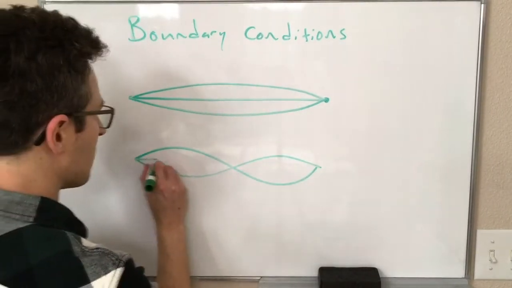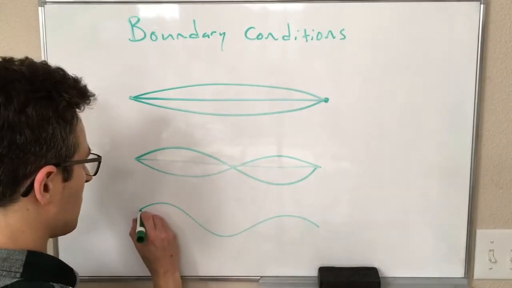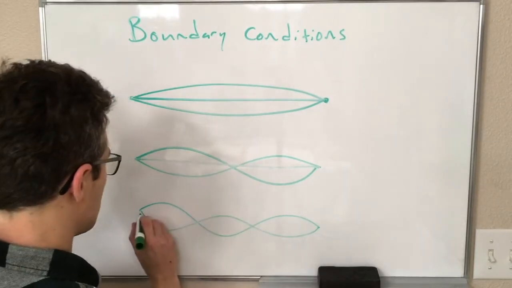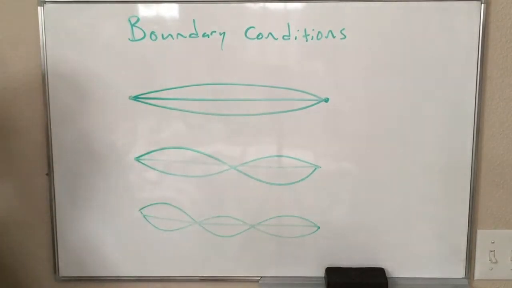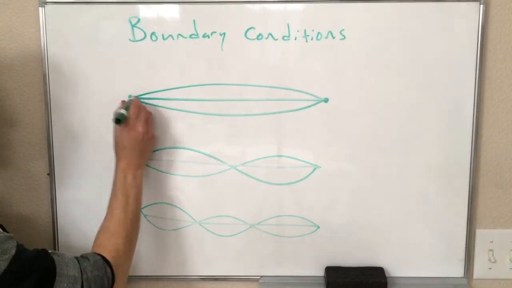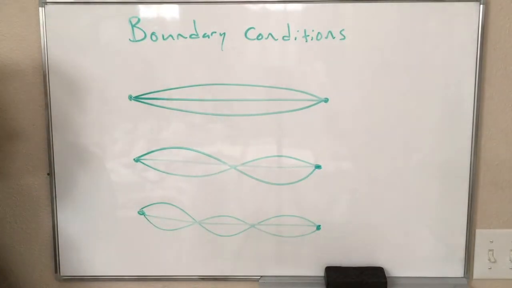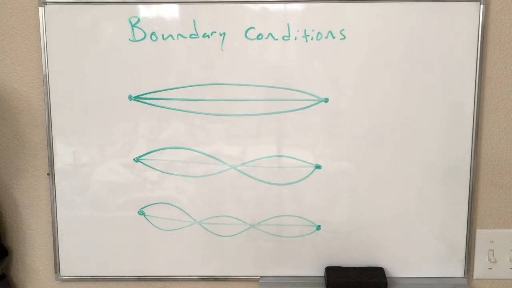There's one that looks like this, and there's one that looks like this. These are 3 different standing wave patterns on a string between 2 fixed points. Notice on all of these, the string at the very end is not moving up and down. So we have nodes on either end.